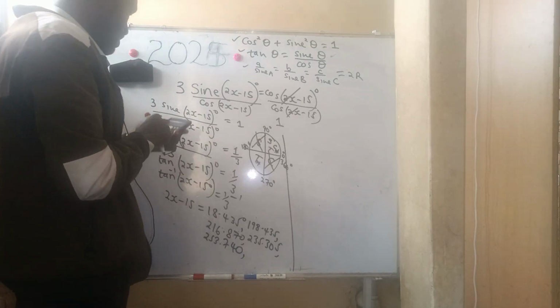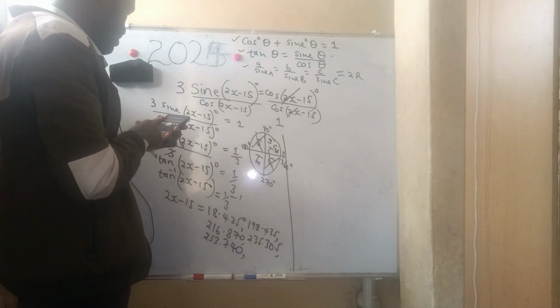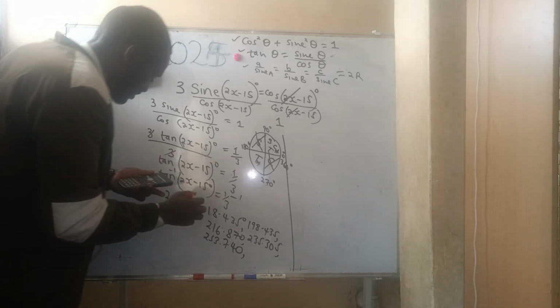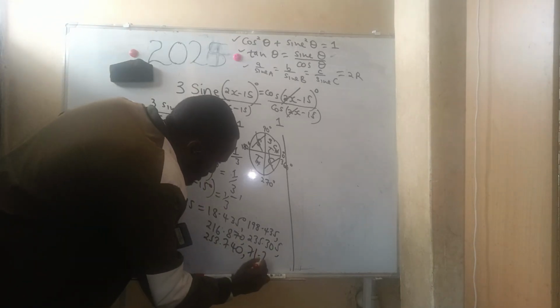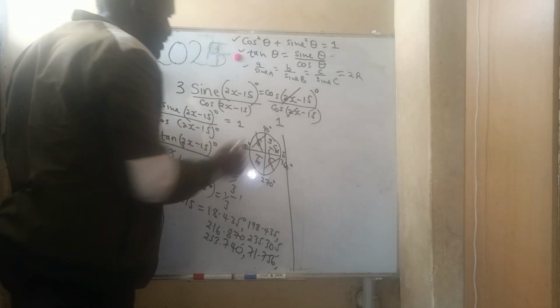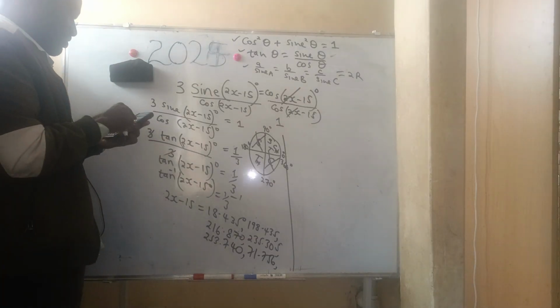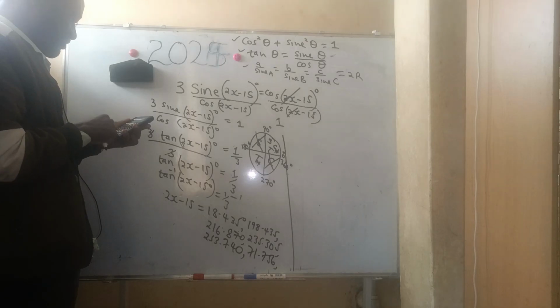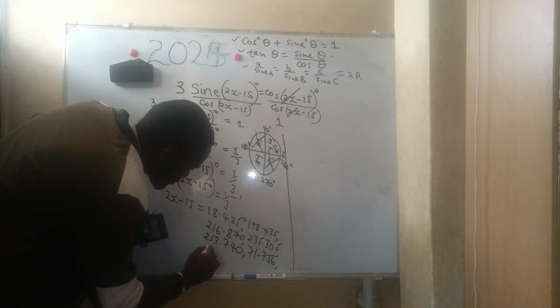So you can say 90 minus 18.435. So you have 71.756. That also lies here. Then you can say minus 18.435. You have 53.13.